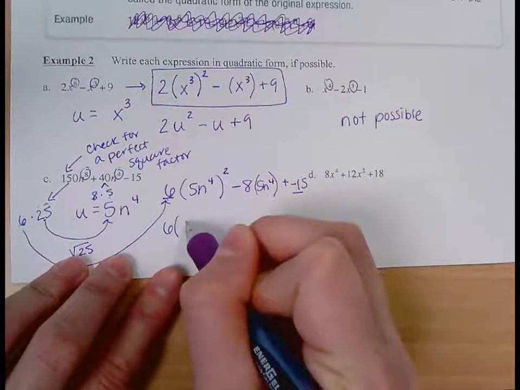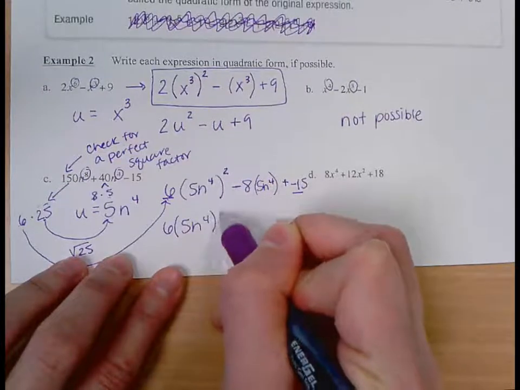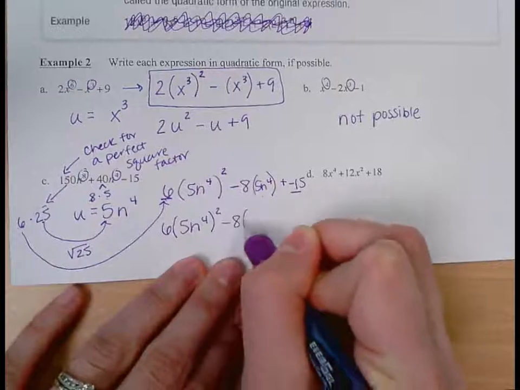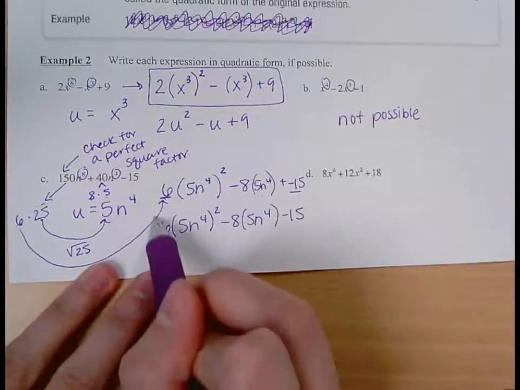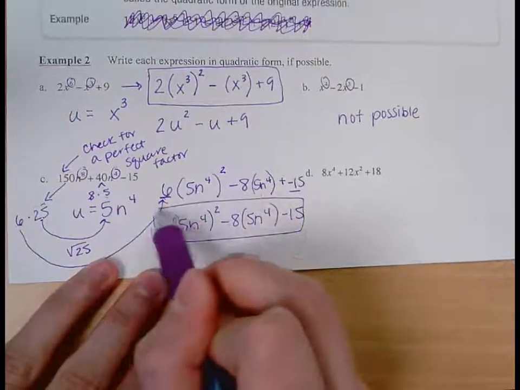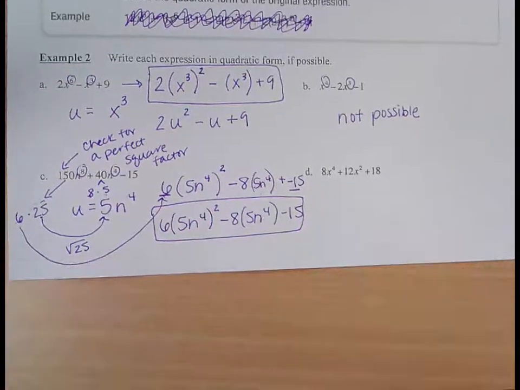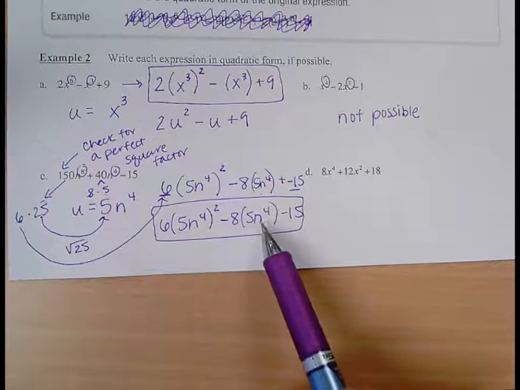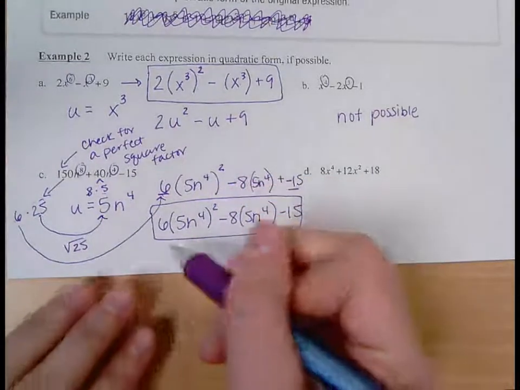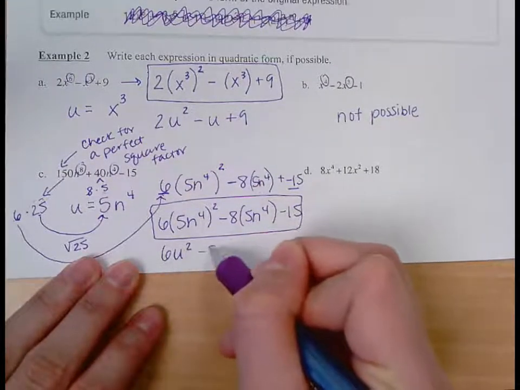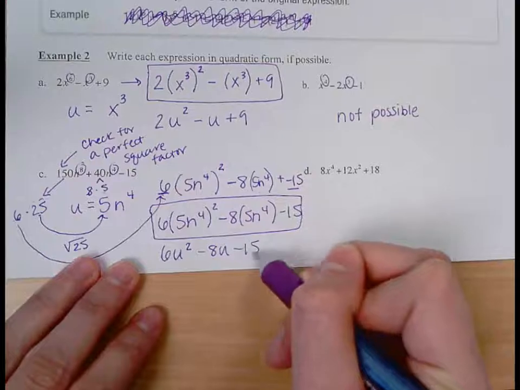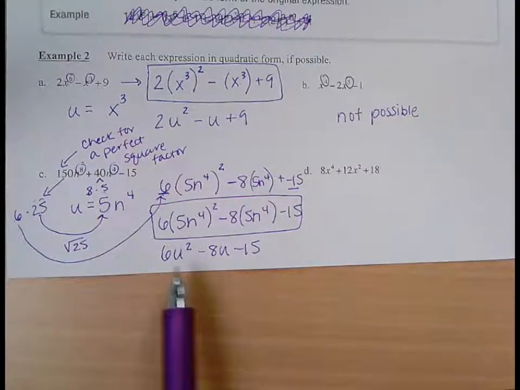The quadratic form is 6 times 5n to the 4th squared minus 8 times 5n to the 4th minus 15. But again, why we're doing this is then if you replaced the 5n to the 4th with u, your quadratic expression is now 6u squared minus 8u minus 15. So this is what it becomes, and then you can factor, use quadratic formula.